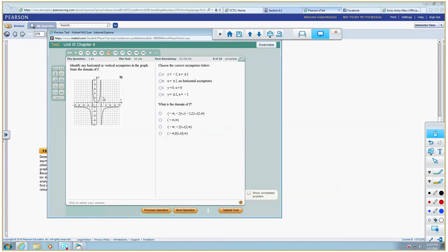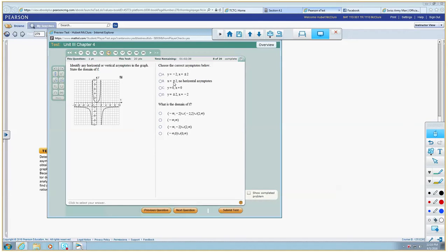All right, now, identify any horizontal or vertical asymptotes in the graph. State the domain. What are the vertical asymptotes? Negative 2 and positive 2. Choose the correct asymptotes: x is equal to positive or negative 2.